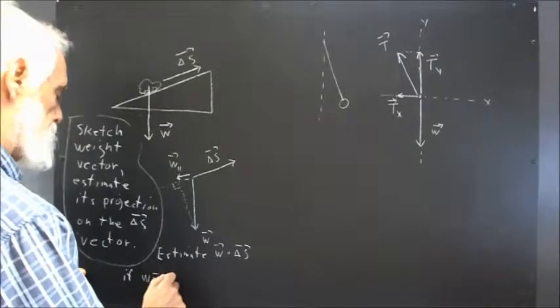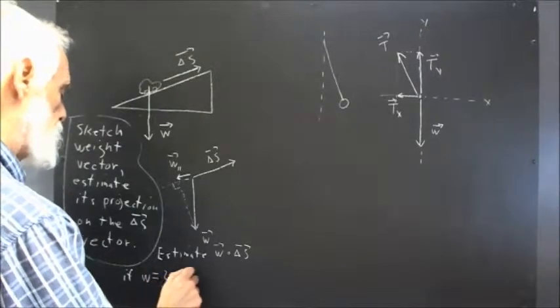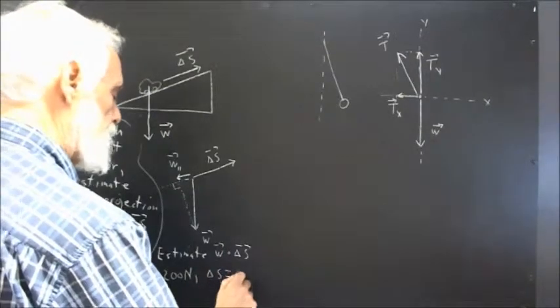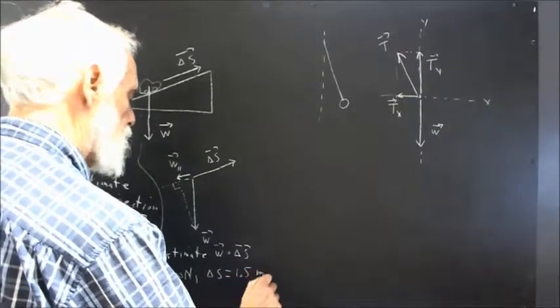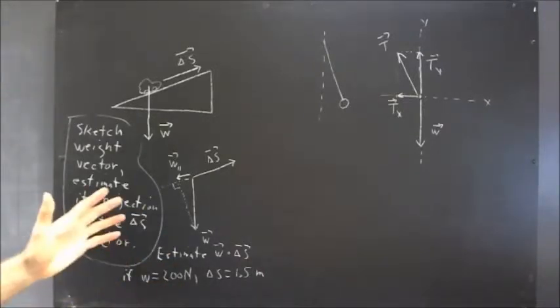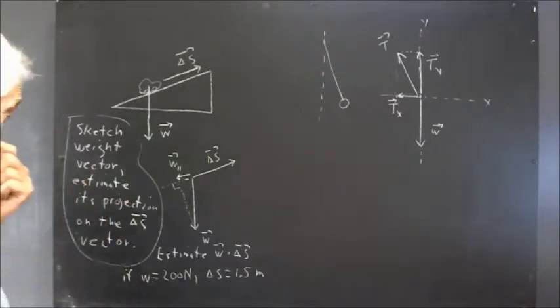Let's say it's 200 newtons, and delta S equals 1.5 meters. Okay? Now, you should do that estimate, but I'm going to go on with it, so you should pause and do that estimate. Now I'm assuming you've paused and done your estimate.